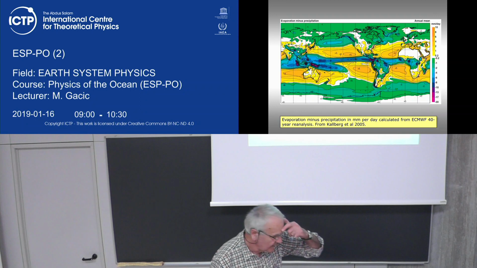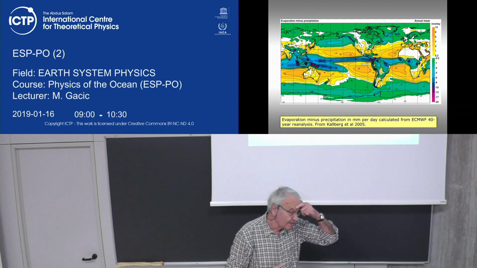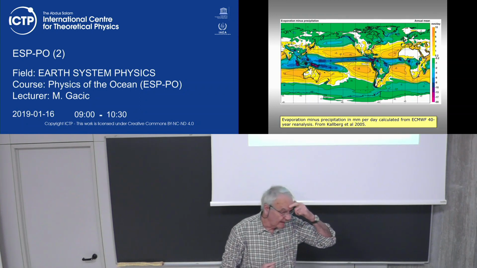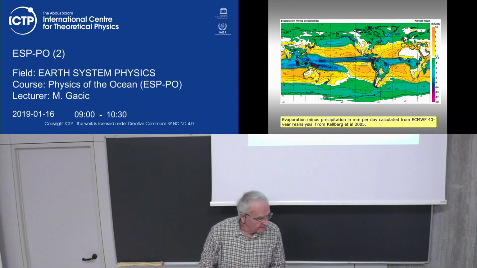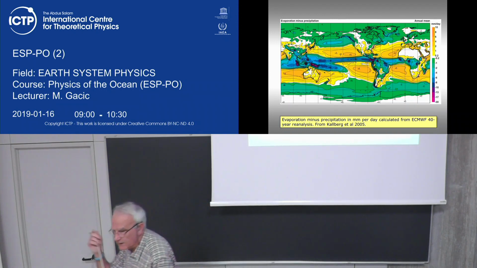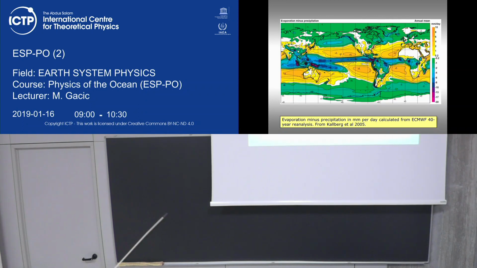Okay, here it is. Here is the evaporation minus precipitation in millimeters per day calculated from the numerical model, from a 40-year average. This is evaporation minus precipitation.